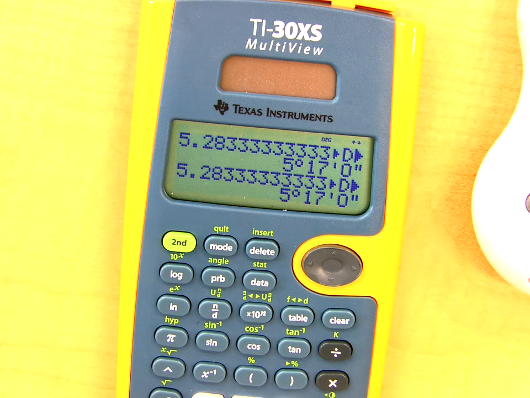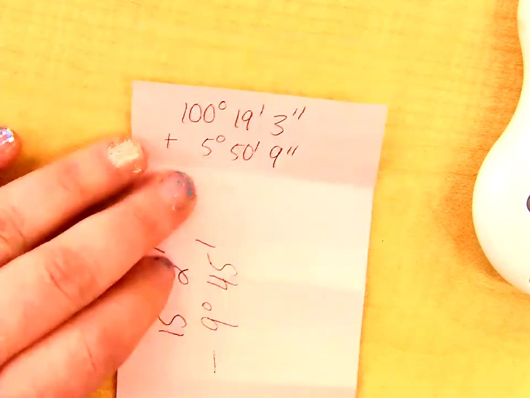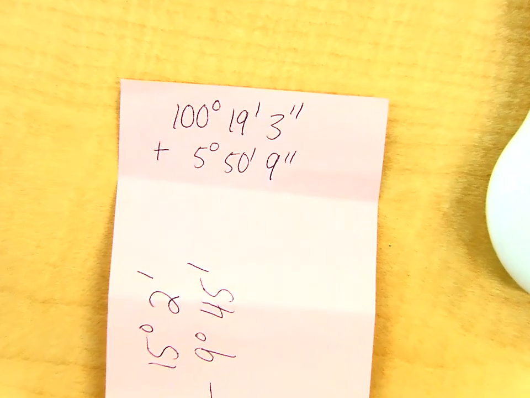Okay, let's say we did 100 degrees, 19 minutes, 3 seconds. Let's go to seconds now, and let's add to it 5 degrees, 50 minutes, 9 seconds. Try and add those two together.